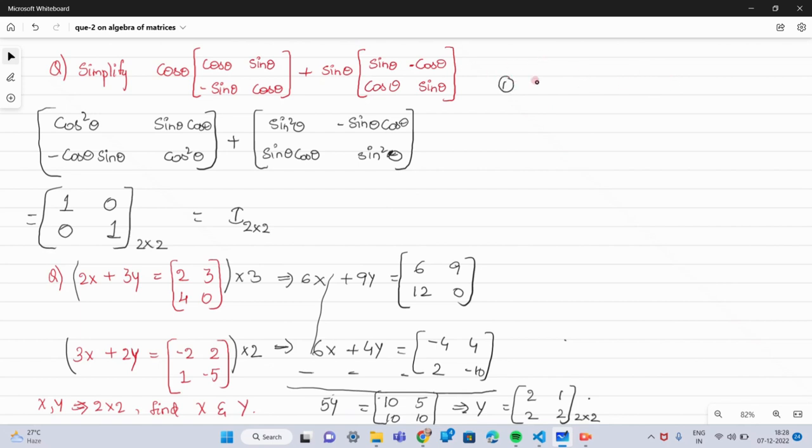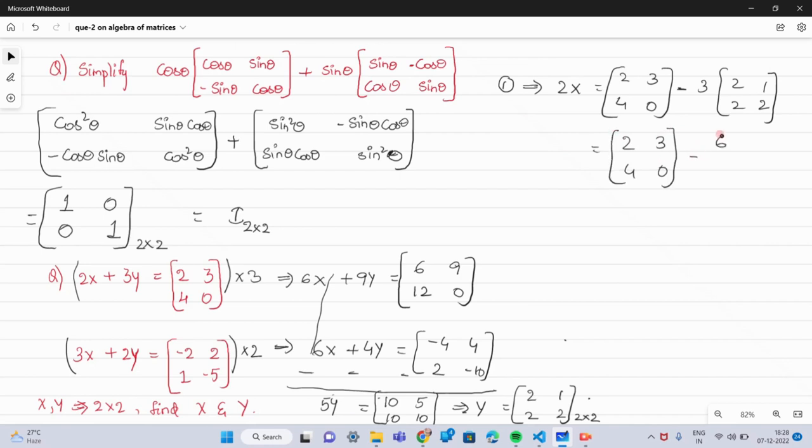So from the first equation, you can get 2X is 2, 3, 4, 0 minus of 3Y. Just multiply 3 with the Y matrix, okay? 2, 1, 2, 2. Just multiply 3 with all the elements. You'll get 6, 3, 6 and 6.